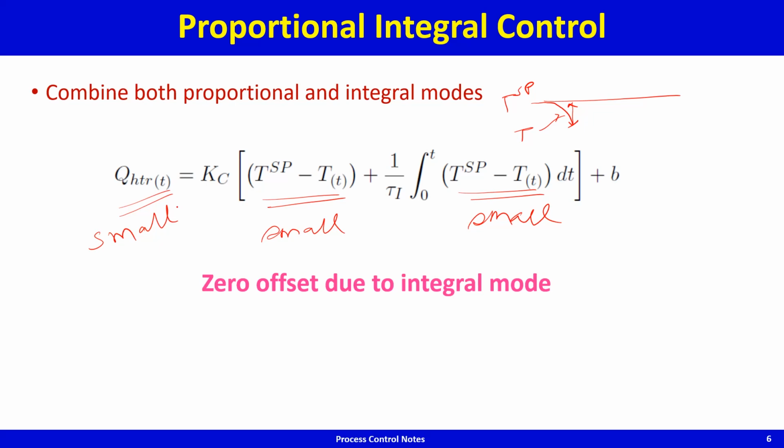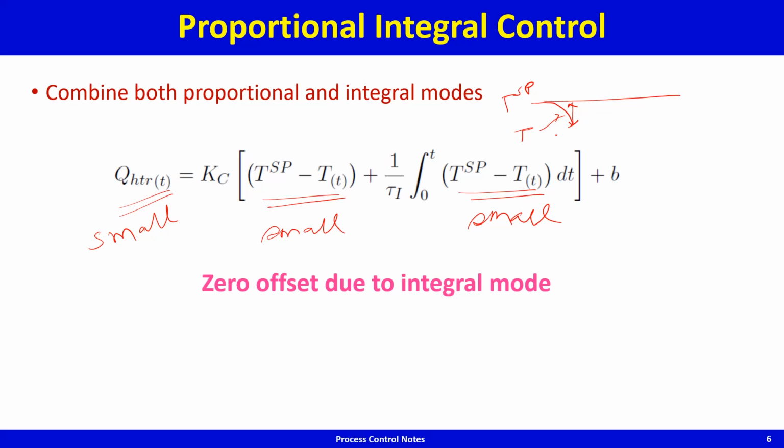Now what is it that is large? Well, the slope is large. Even though the absolute value of T set point minus T is small, in the initial period the slope of T set point minus T is large. So the idea comes that we will make QHTR proportional to the rate of change, that is the slope, the time derivative of the process variable.